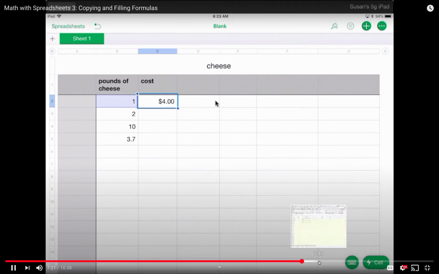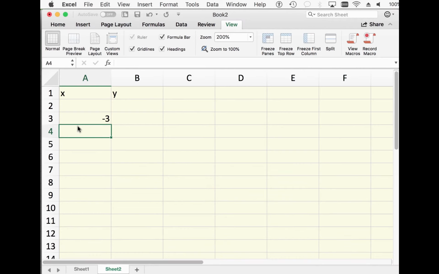You can type in the x and the y as headers, and then type in a value of x, which is -3, and then eventually we'll have to type in the formula to see what y would do. We only have to type the formula in once, which is really nice. You don't have to type it many, many times, which defeats the purpose.